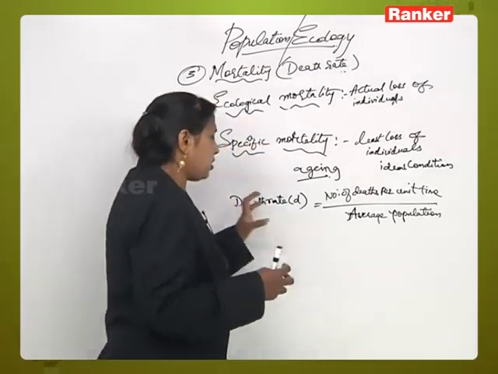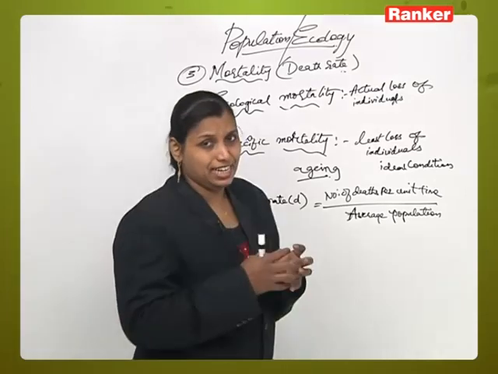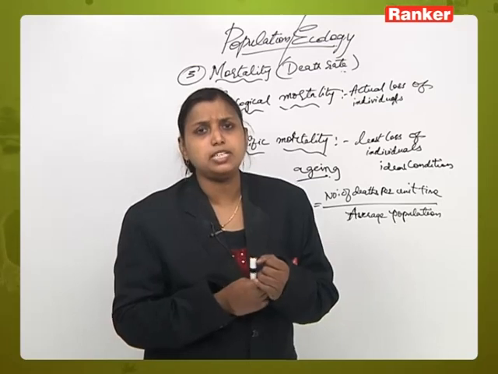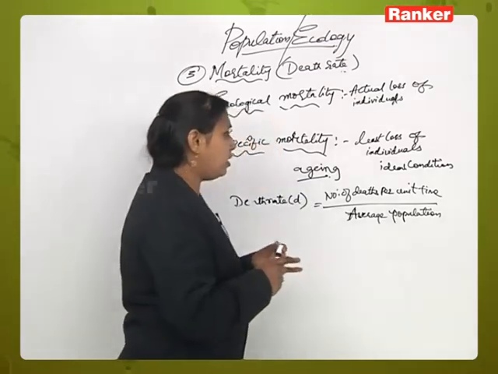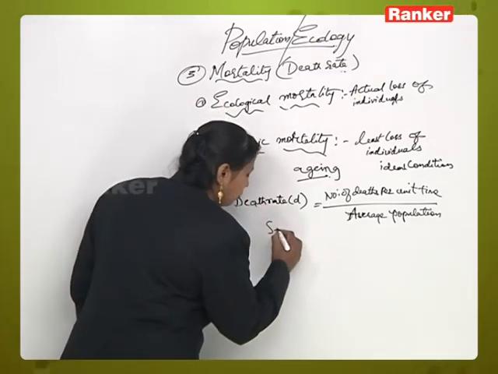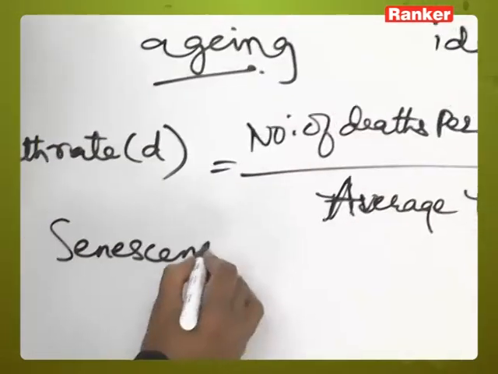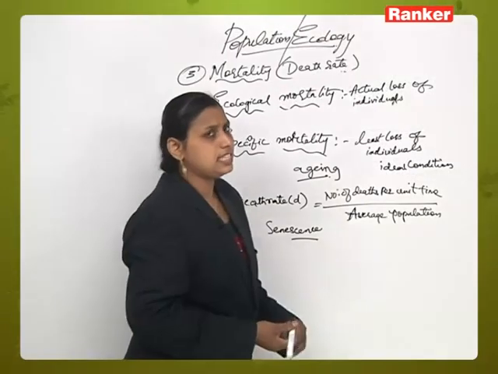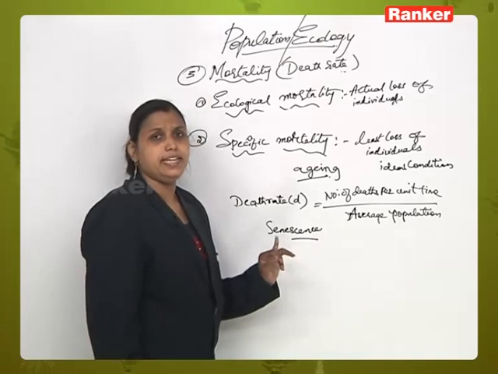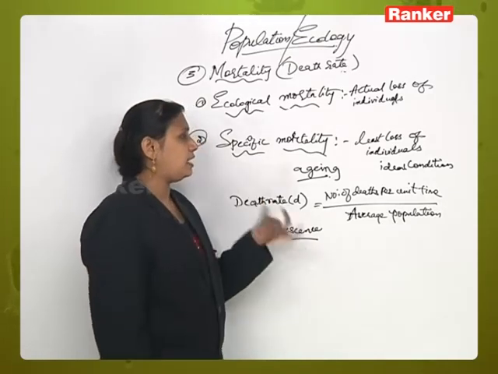Now here, the death of a particular seed which is left over after overcoming all the natural calamities will also show a phenomenon called senescence. Okay, and this senescence may also lead to the death rate of particular seed plants.